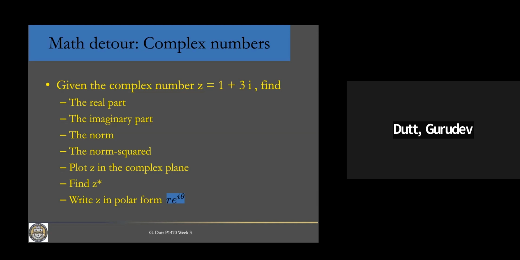Back and forth here. Okay, so in the complex plane, where is 1 plus 3i?